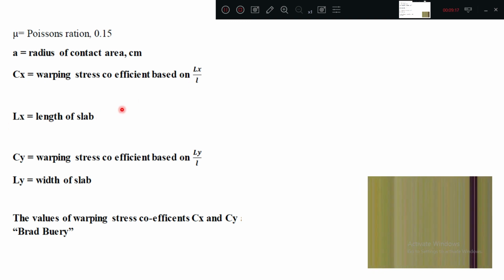Similarly, Cy is the stress coefficient or Bradbury coefficient taken from the graph, and it depends upon Ly by l. Ly is the width, and small l is again the radius of relative stiffness. Now the Bradbury coefficients are Cx and Cy.